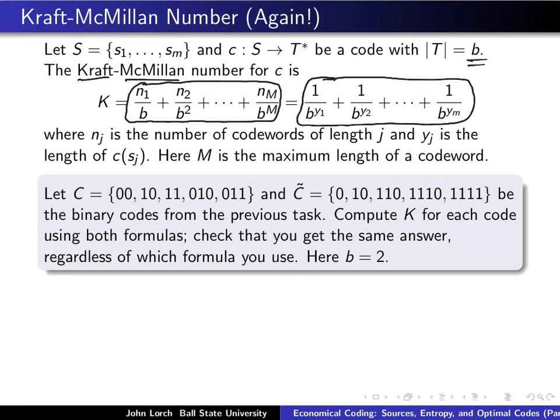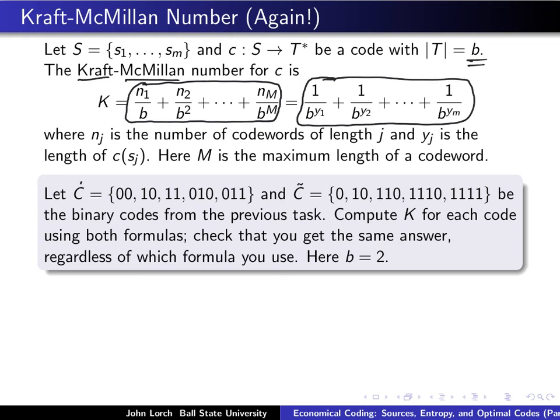All right, now it may not be immediately obvious why these two expressions are the same, and you might ponder that for a little bit. For the moment, we're just going to flat out compute the Kraft-Macmillan number using both of these methods just to see that we get the same answer, all right?